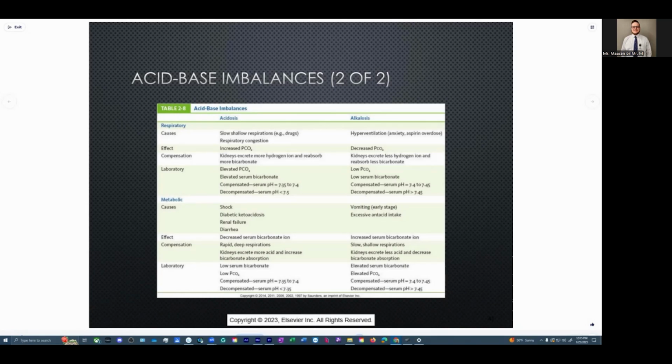They are bicarb. So I've increased the bicarb level, and the kidneys have to kind of compensate. Vomiting, I can lose a lot. Excessive stool or diarrhea actually could lose bicarb, because bicarb is absorbed from our food and our stool.